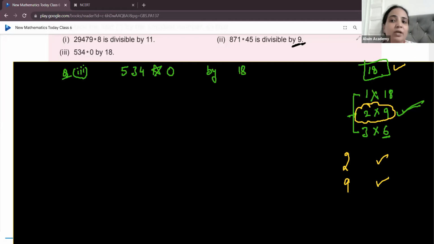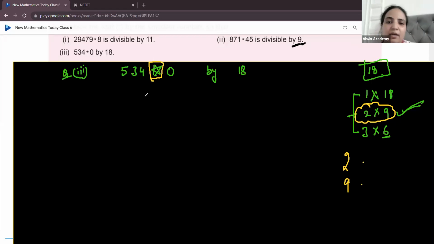You did it for 6: the co-prime pair of 6 was 2 and 3, so you checked it for 2 and also for 3. Whoever has forgotten should watch the video where we did divisibilities; it is already there in the channel, in the playlist for 6. So now we are going to check the divisibility of 2 and the divisibility of 9, and then that value will be the answer. Chalo.